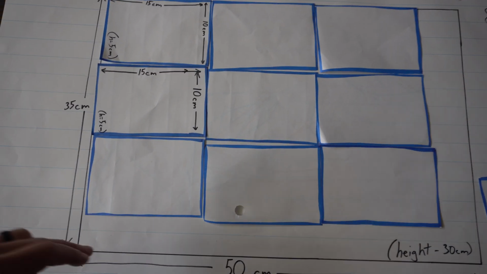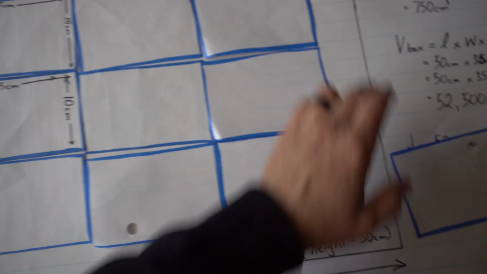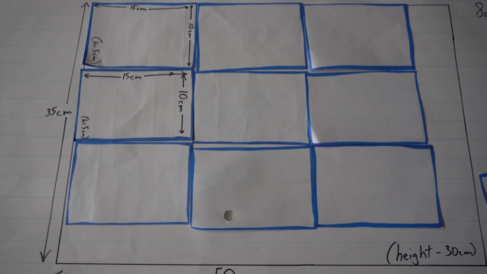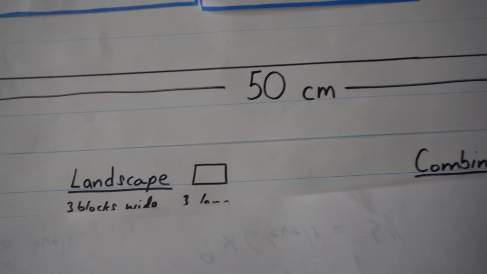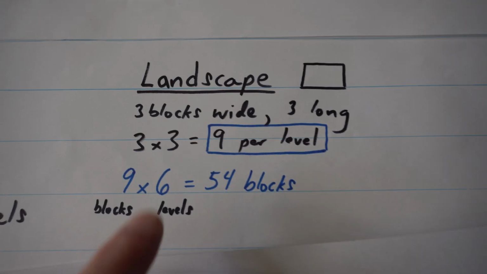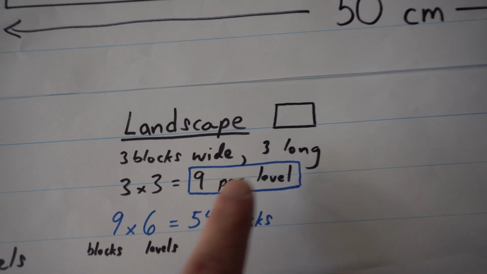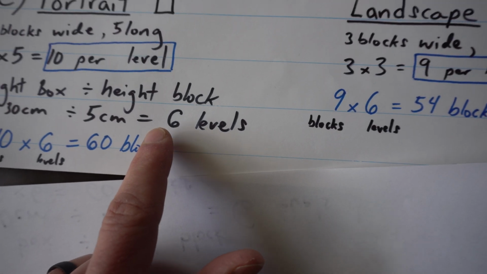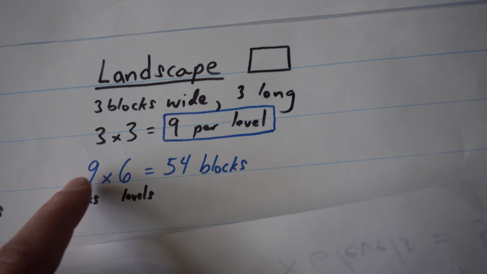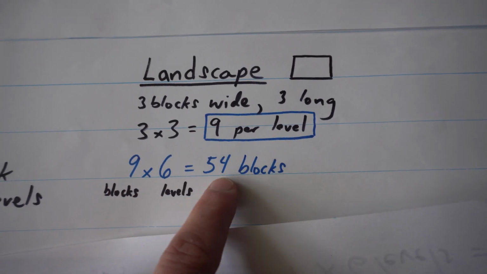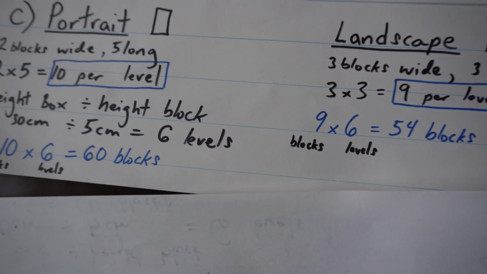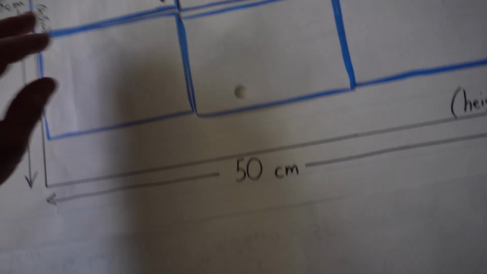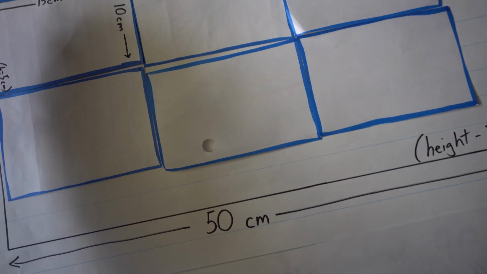But look at all this extra space here. Sadness. We're going to have to smash some blocks. To calculate how many blocks that is, 3 blocks wide, 3 long, that means 9 per level. We found out before that there are 6 levels, so 9 times 6 means we can fit 54 blocks, so 6 blocks less.